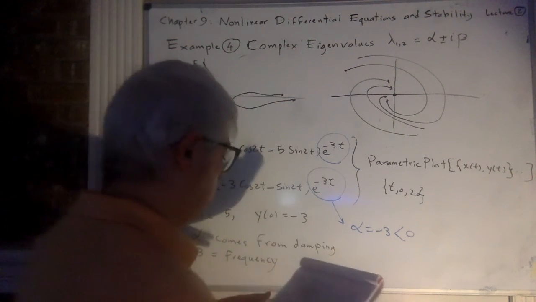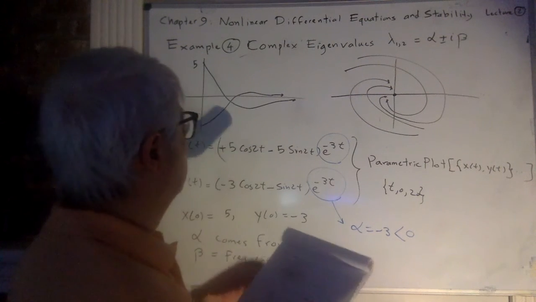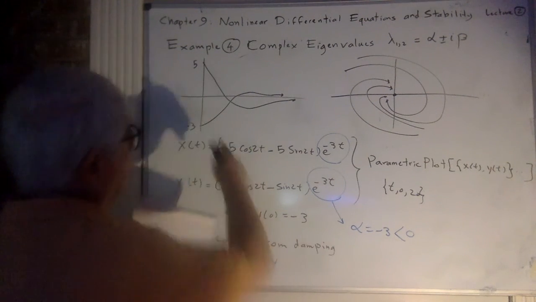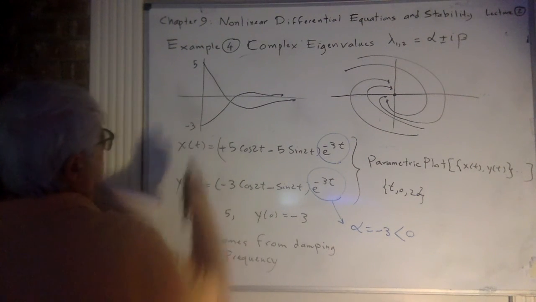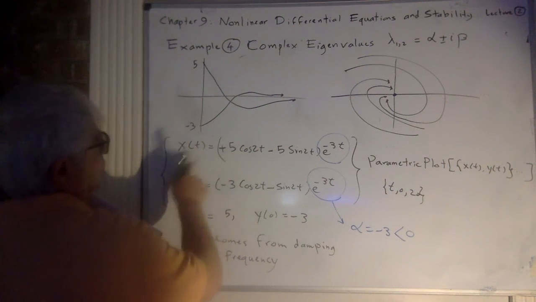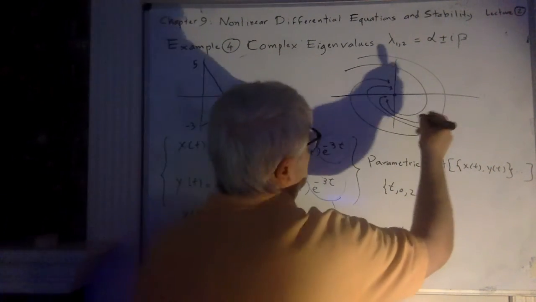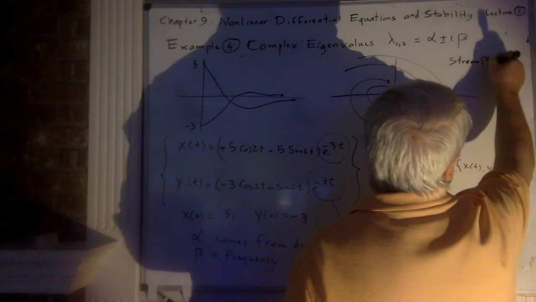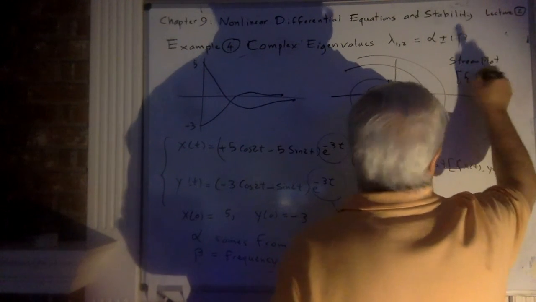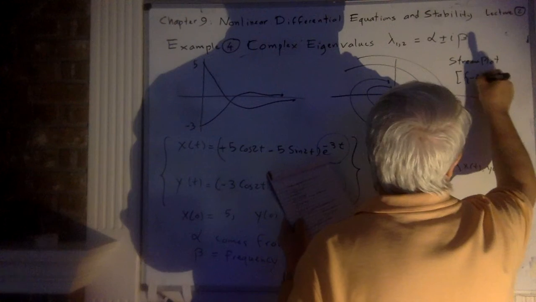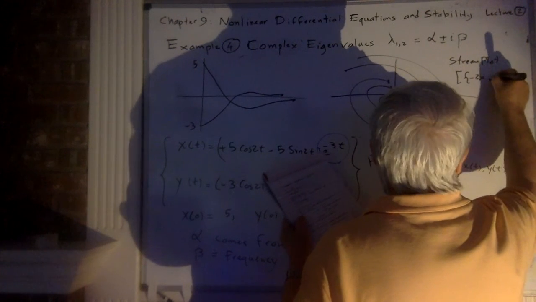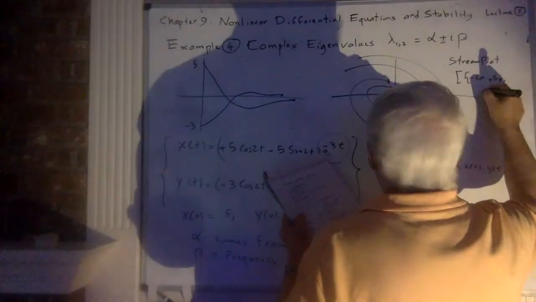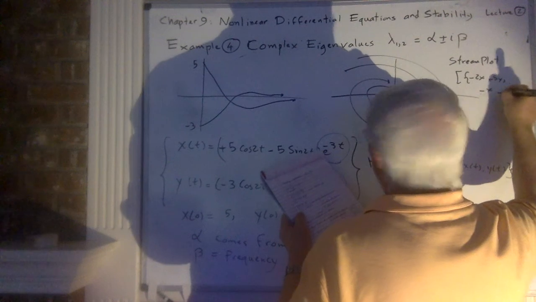So string plot of the equation. What was the equation? Let me show you. This one is parametric plot of these two specifically. This is the string plot of the equation. So the equation was minus 2x plus 5y and minus x minus 4y.